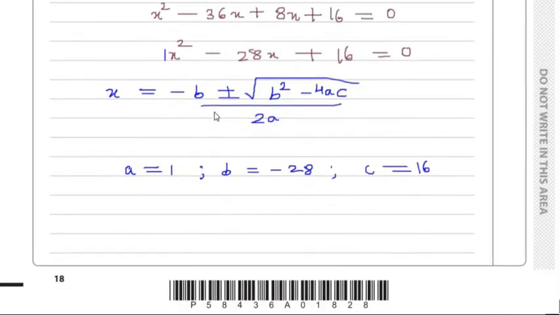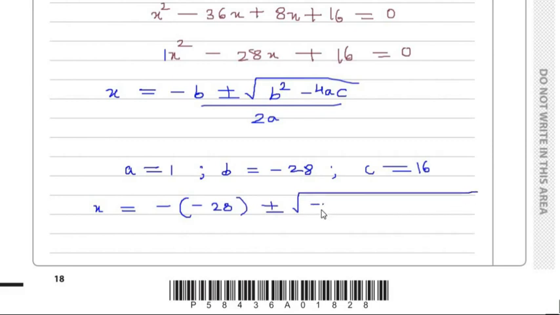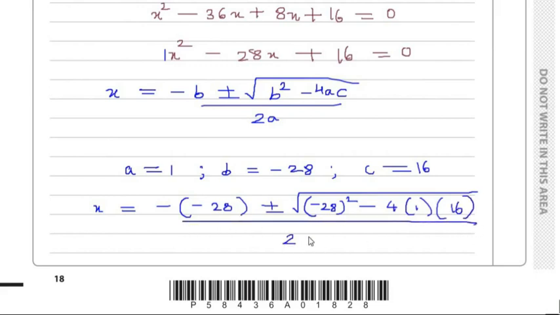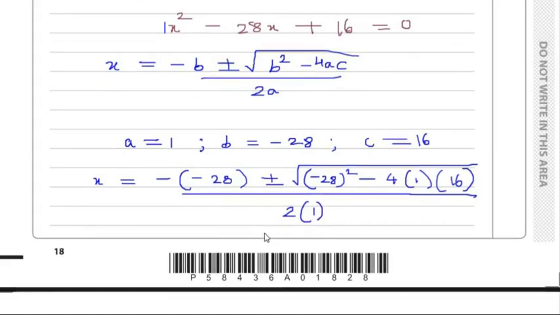I'm going to substitute the values of a, b and c in this above formula and get it as x is equal to negative of negative 28 plus minus square root of negative 28 square minus 4 times a is 1 and c is 16 over 2 times a is again 1.